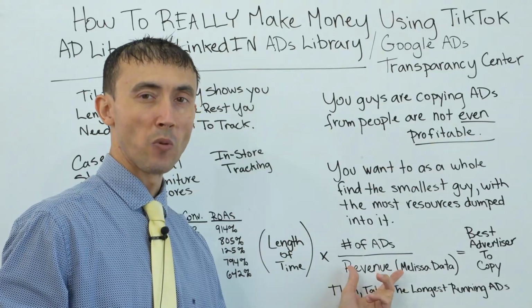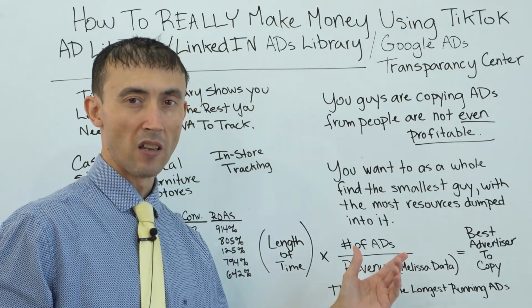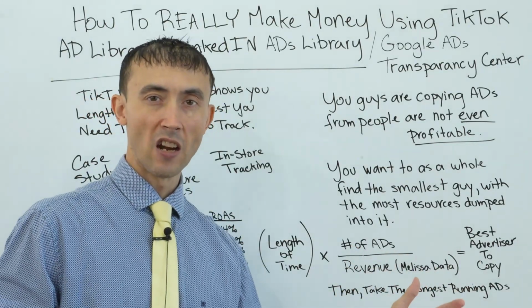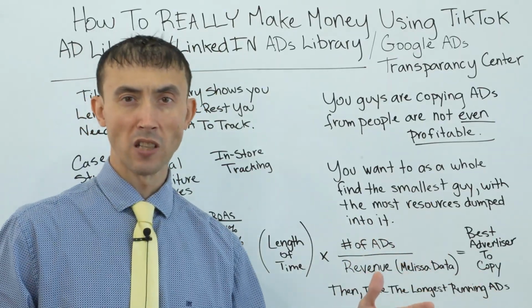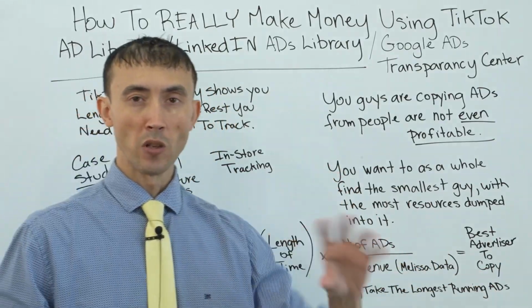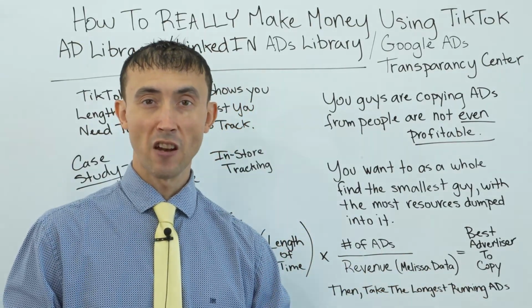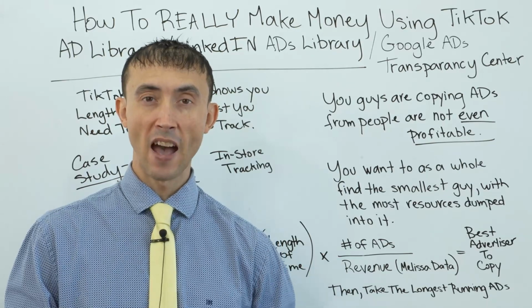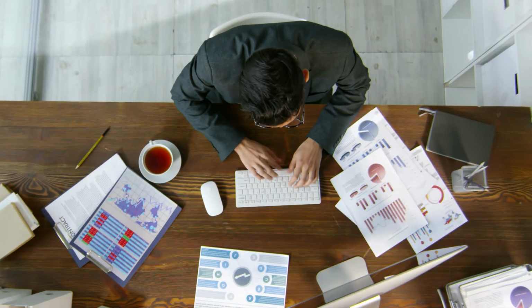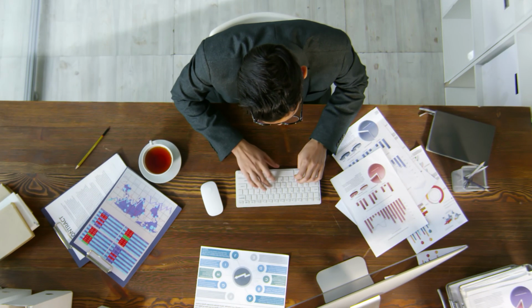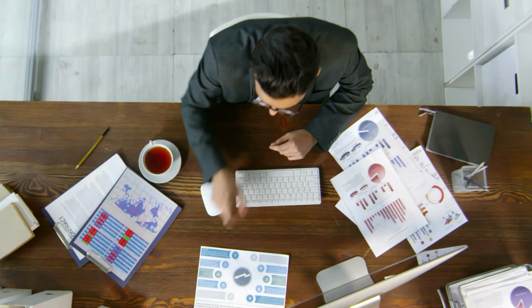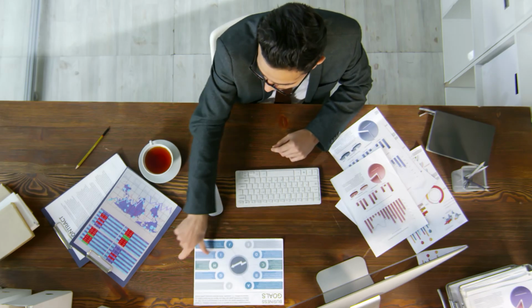Most of the time, the sweet spot is a company doing 500,000 to 5 million a year, with lots of ads, running them a long time. It's probably an owner who's really scrappy, a really good student. They watch channels like this, the best channel on the internet about how to make money with ads. They're studying it, they're applying it, and they're using it to make money. They have maybe a few staff, and they're making 200-300 grand a year, and they spend most of their time trying to run the best ads.